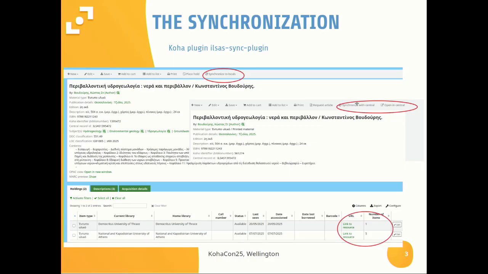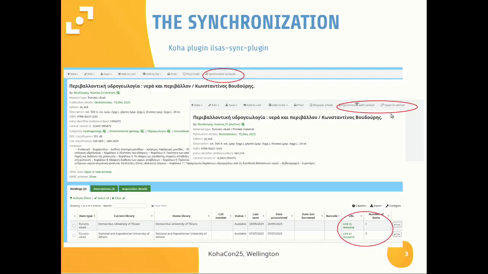This process is done by a Koha plugin that was developed by Matthias. How does it work? From a local record, from the Koha staff interface, you can synchronize your record with the central catalog.